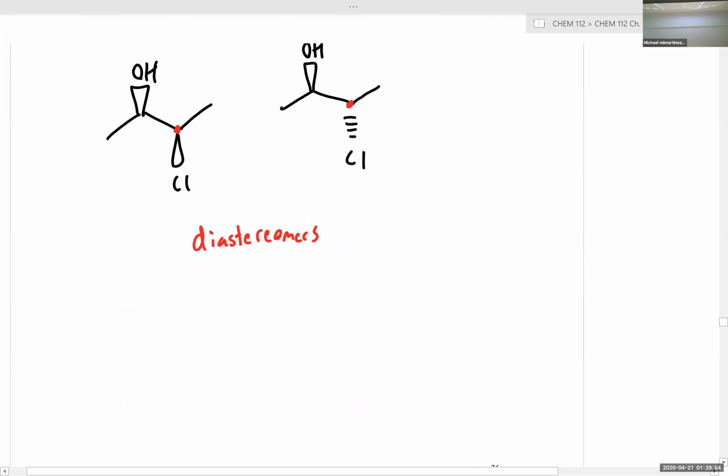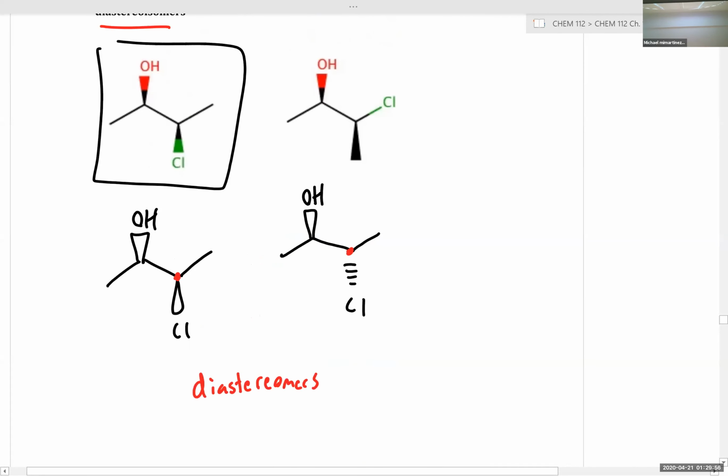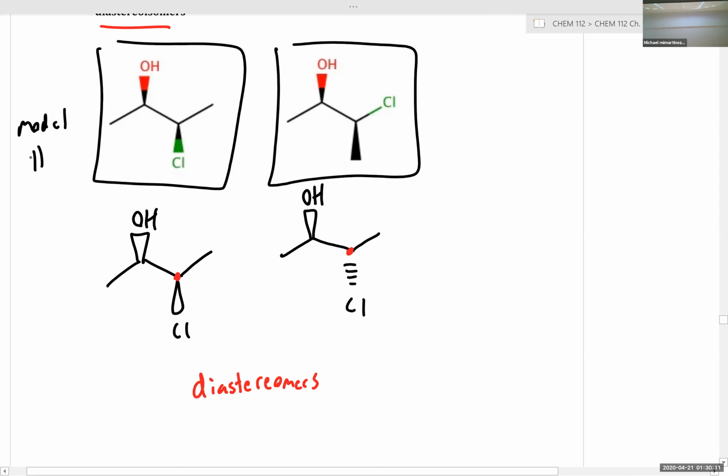So for the previous question, the OH was towards us in the structure on the left, but we then made a model of the structure on the right. So this is model 1, and this is model 2. Essentially what we did is we rotated model 2 to match model 1.